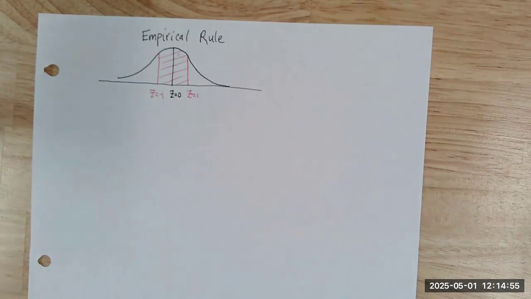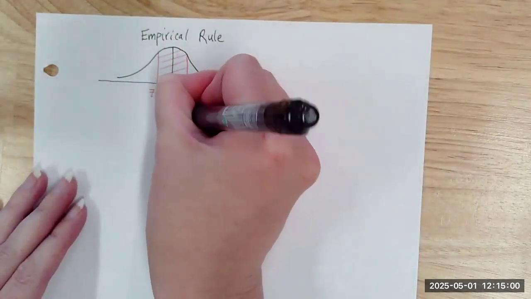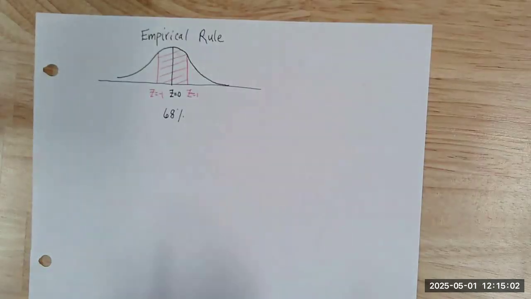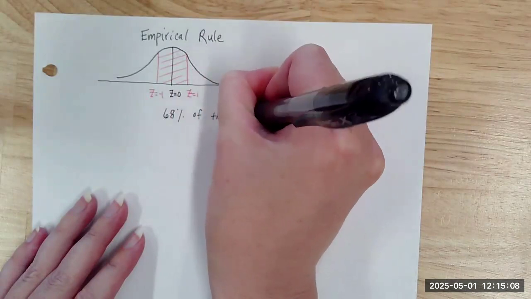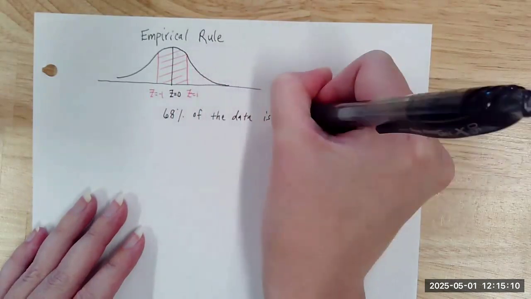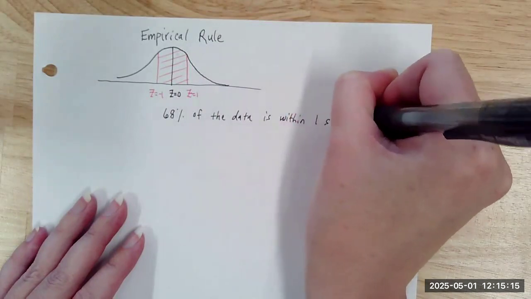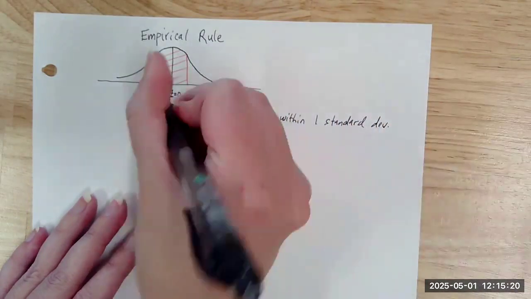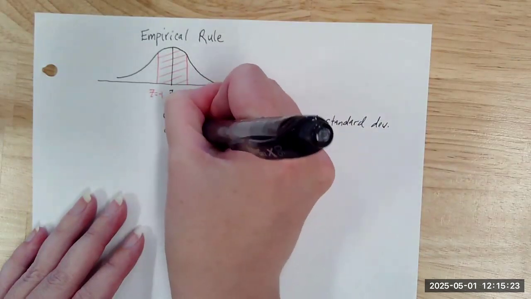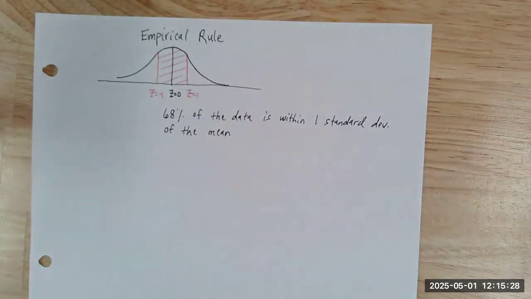Do you remember the number? 68% of the data is within one standard deviation of the mean. That's the first thing the empirical rule says. It's approximate. It's not exact.